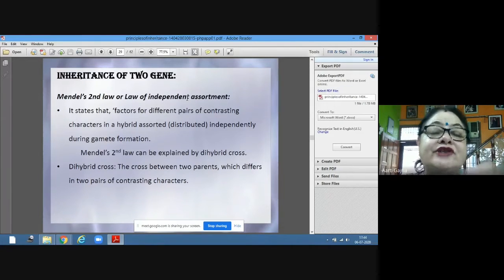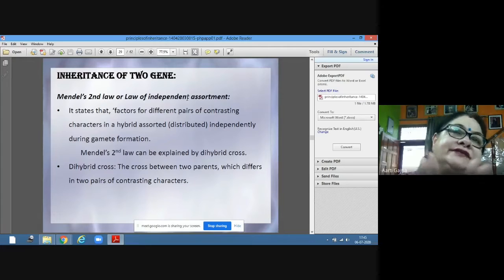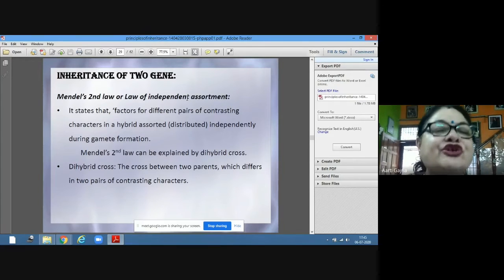The wrinkled was coming with round, wrinkled was coming with yellow also. The round was coming with green also. So they are not depending on each other, that both will always go together. It was not like that. They were segregated at the time of gamete formation. So this is the third law of Mendel.